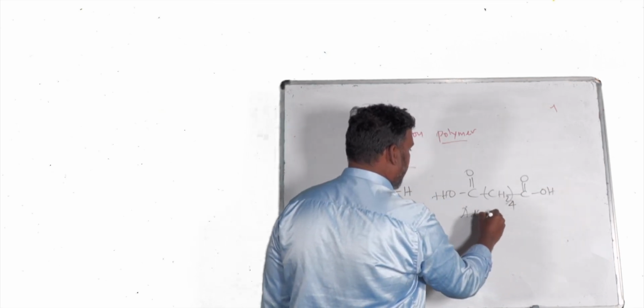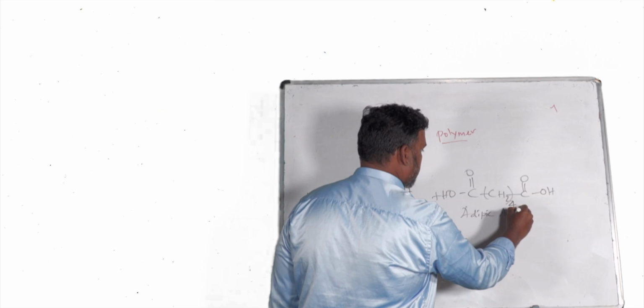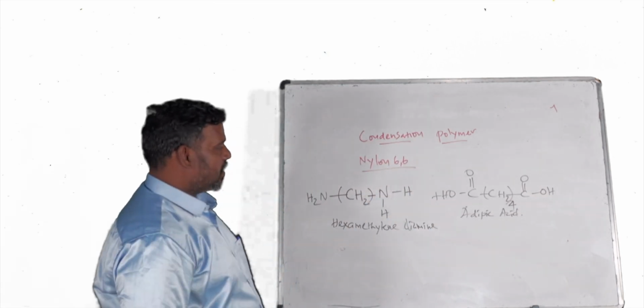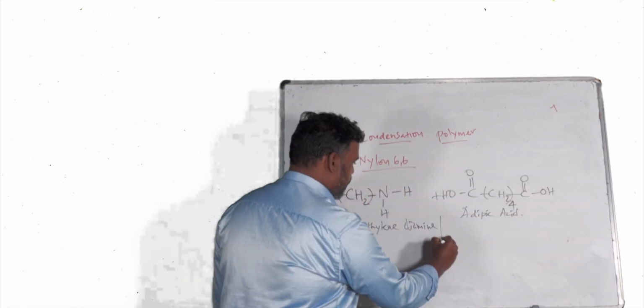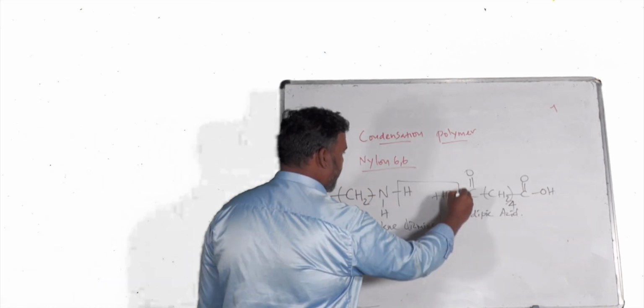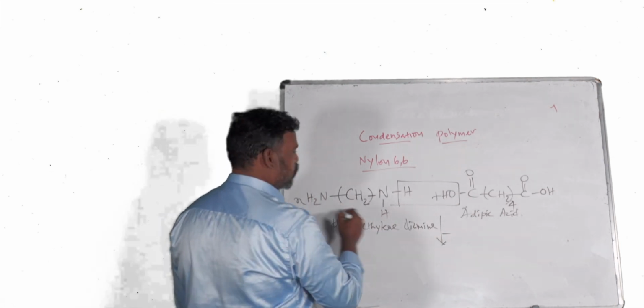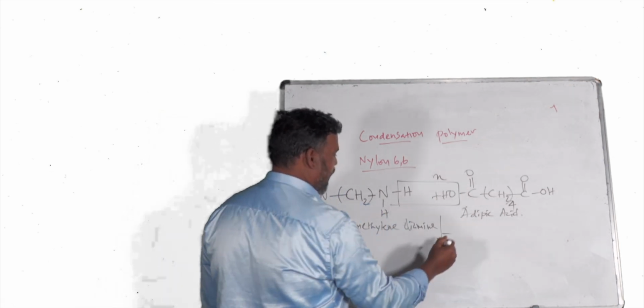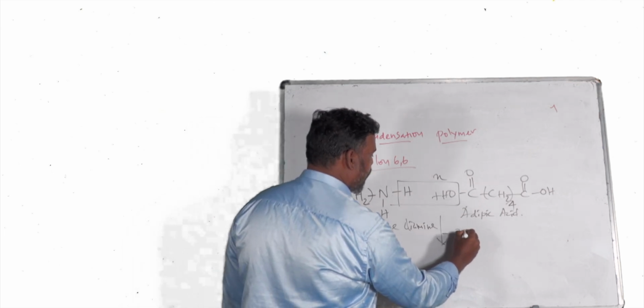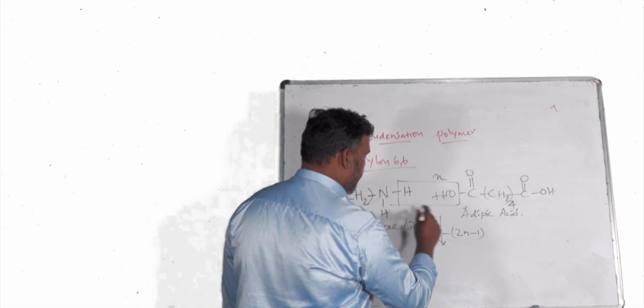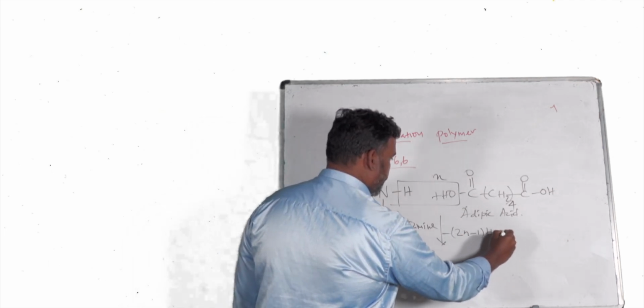When these two react, you have to heat it up. When these two react, the water molecule is liberated. So you're having n moles of this one, n moles of adipic acid, so you'll have 2n minus 1 water molecules liberated from this reaction.